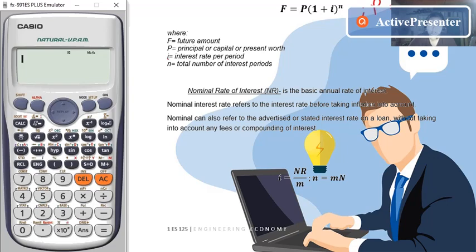Nominal can also refer to the advertised or stated interest rate on a loan without taking into account any fees or compounding of interest. So in nominal rate, we have i is equal to NR over m, where ang atoang N is equal to m multiply sa atoang N.